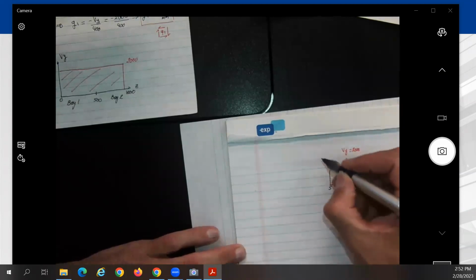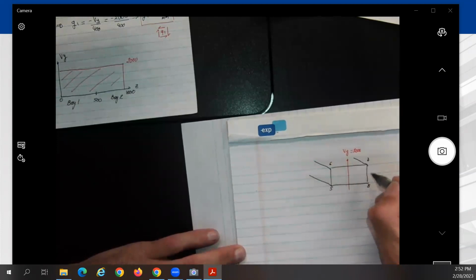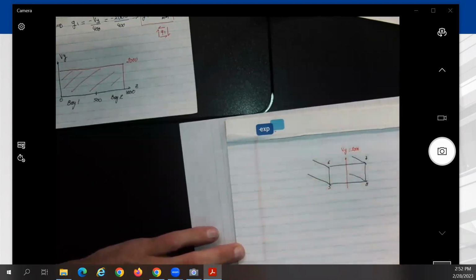Let me do this again. Same figure as before.